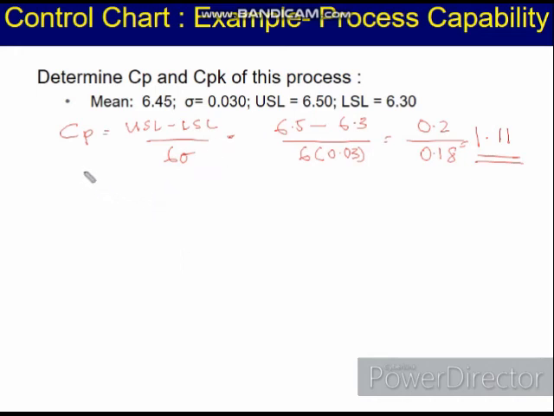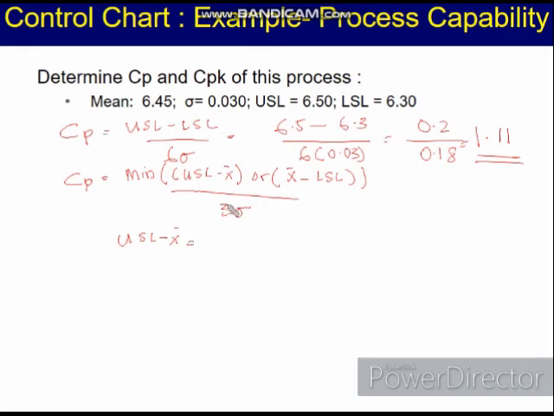The equation for CPK is the minimum of either the upper spec limit minus x bar, or x bar minus the lower spec limit, divided by 3 sigma. So let's calculate the USL minus x bar.